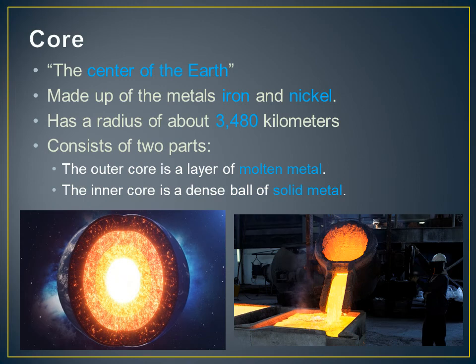Lastly, at the center of the Earth is the core. And like I just said, we call this the center of the Earth because it is the center of the Earth. Now the core is primarily made up of the metals iron and nickel, and it has a radius. A radius is from the center of a circle to its edge. It has a radius of 3,480 kilometers.